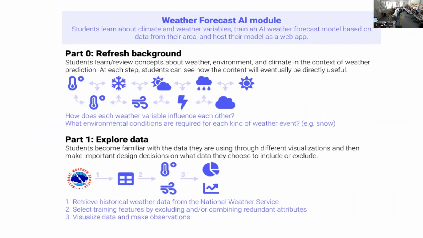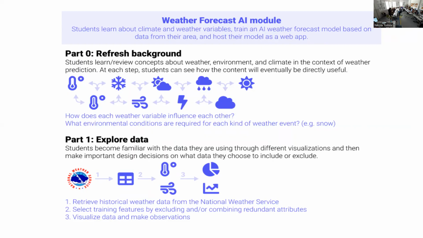To predict the weather, for example. They said the students learn about climate and weather variables. They train the model based on data of the weather of where they're living currently, let's say. And then they create a web app to connect it with the real world. So the part one, as we said before, is to refresh your background.